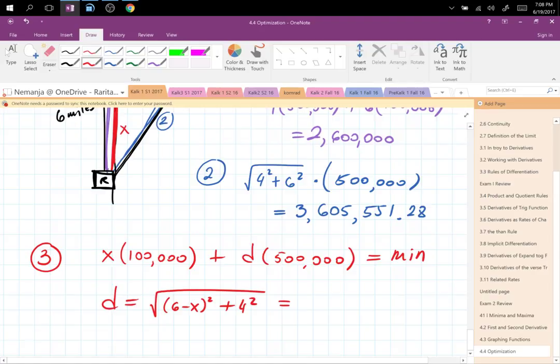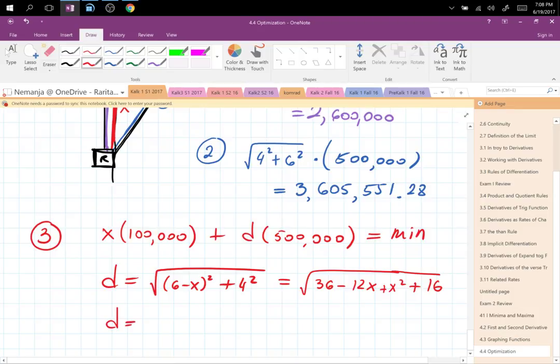And then you can expand this as 36 minus 12x plus x squared plus 16.